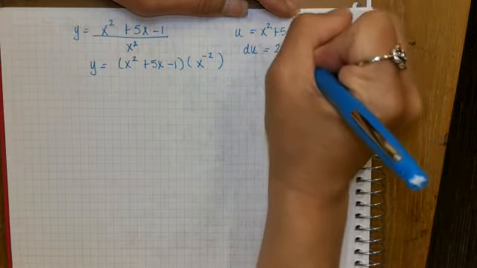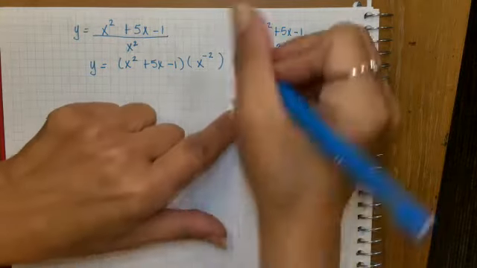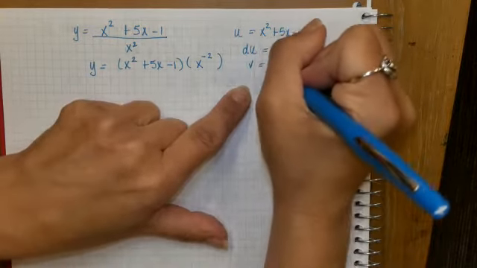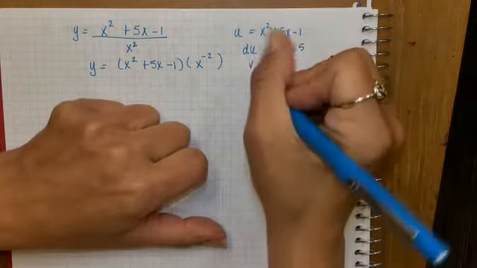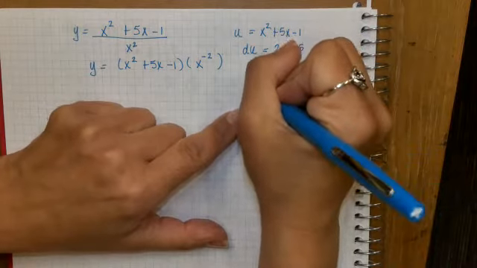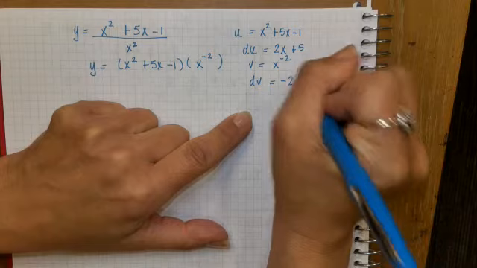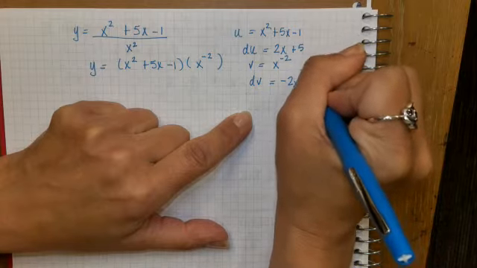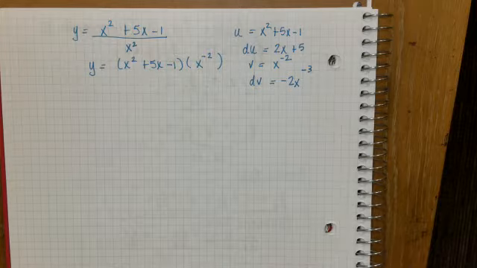Du is 2x plus 5. V is x to the negative 2. Dv is negative 2x to the negative 3.